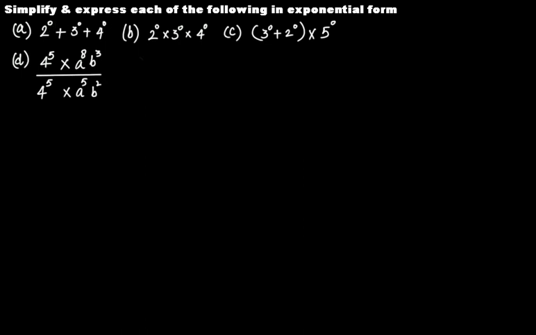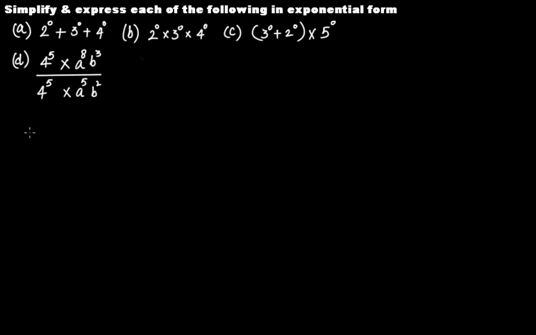Simplify and express each of the following in exponential form. (a) 2 with the exponent 0, plus 3 with the exponent 0, plus 4 with its exponent as 0.